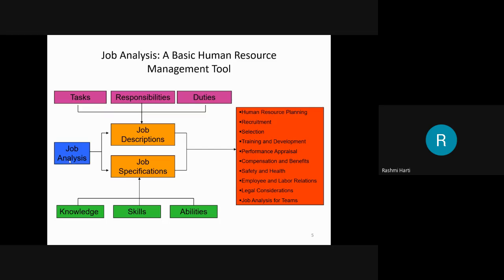So who should conduct the job analysis? It is the supervisors, the managers, the job incumbents, and the external analysts. Supervisors conduct the job analysis because they know very well the activities in their particular line.